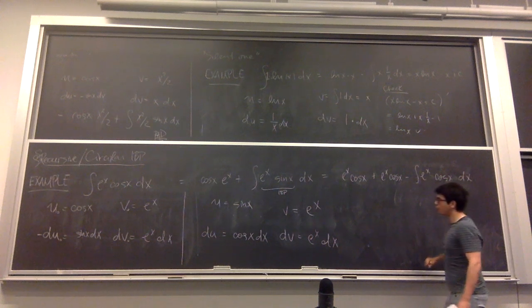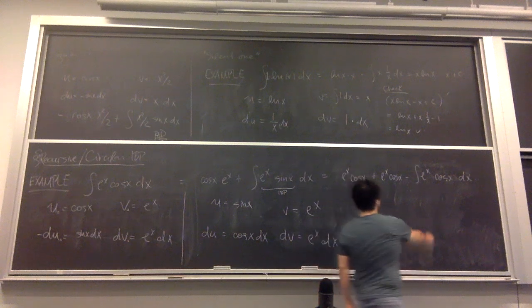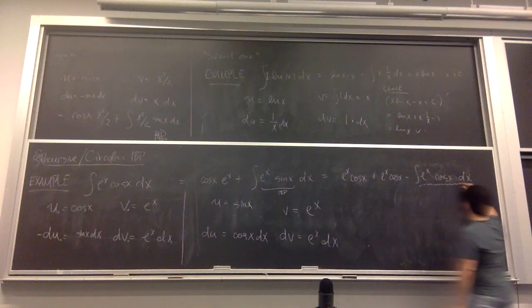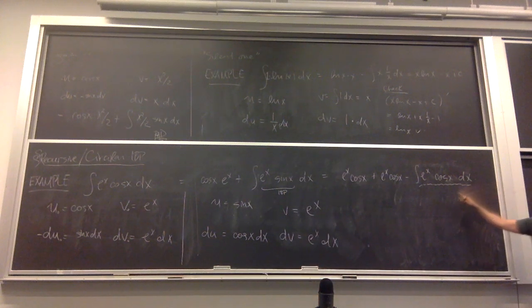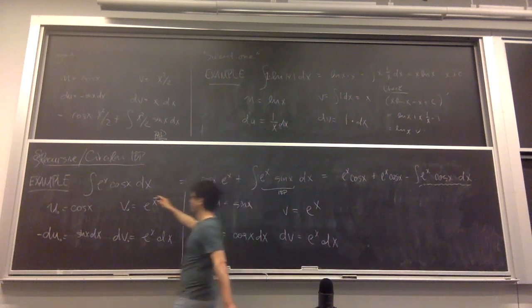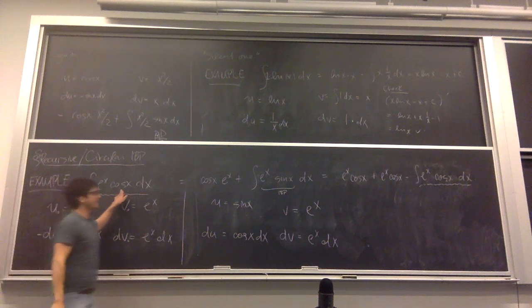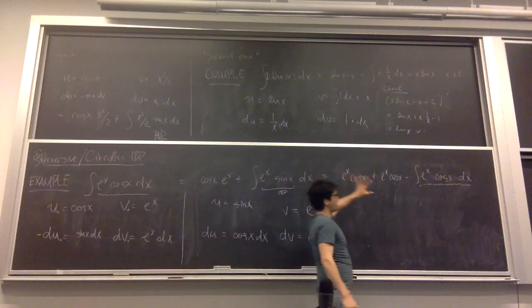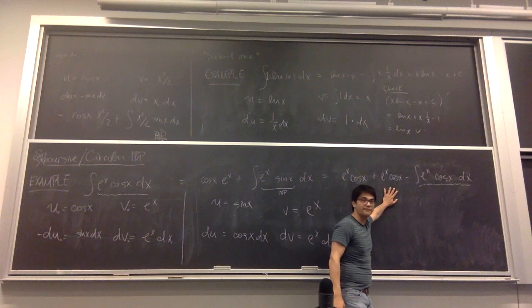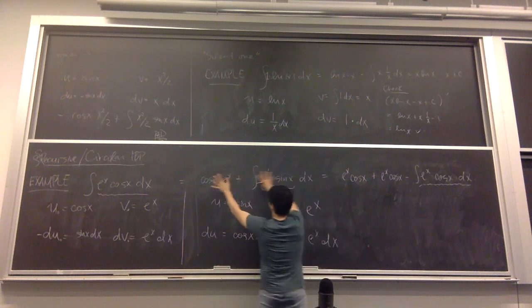Okay, but what have you noticed? What's this? That's the original question. Hold on. This is the original question, but it's also over here. So this is equal to this. Well, just ignore this.